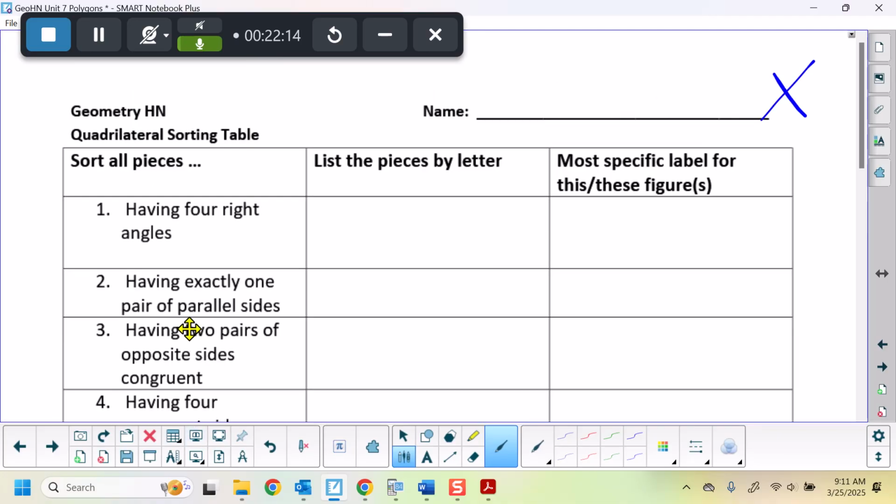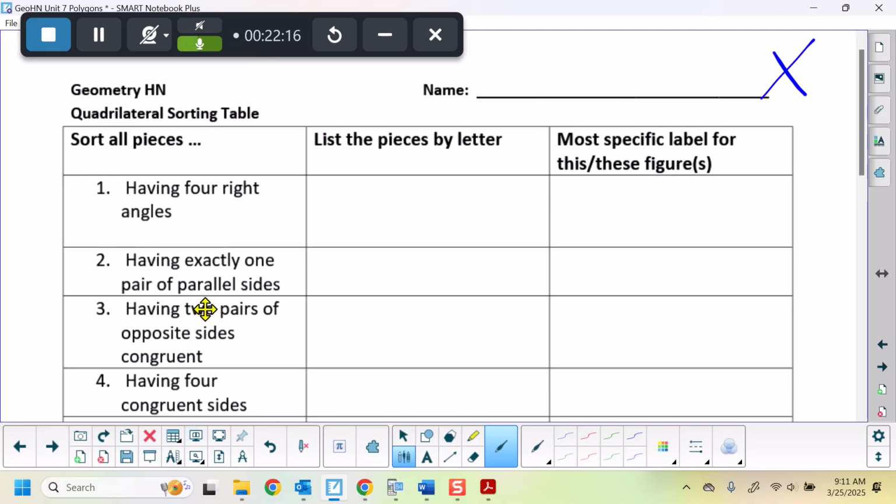So when you look here, if you're listing the pieces by letter of each of the shapes that appears to have 4 right angles, I'm okay with you going by the picture on this example. I'm okay with you saying, well, this one looks like this, or this one looks like that.